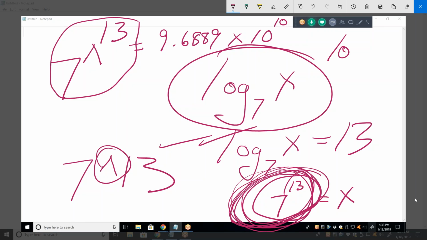If I said, what is the log base 10 of 3? Do that on that calculator. Now, when it's base 10, that's your log key. When it's base e, that's your natural log key. So this is base 10. So go ahead and type in log of 3.